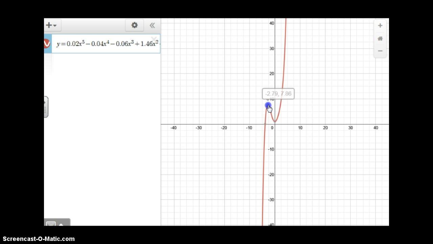I have a maximum value at the top here and a minimum value here. We're looking at our y coordinates for the maximum and minimum. We have a maximum of 7.86 and a minimum at 1, which is A.